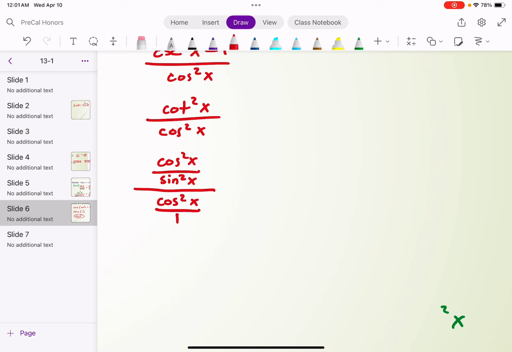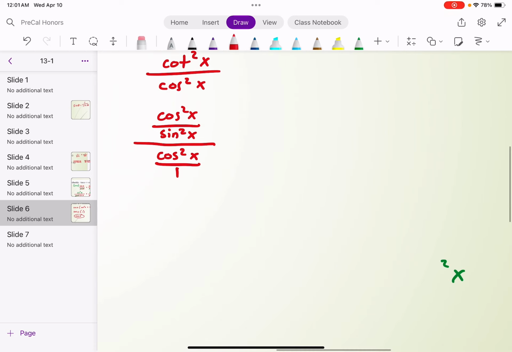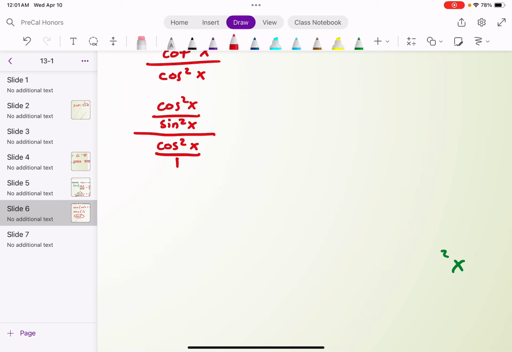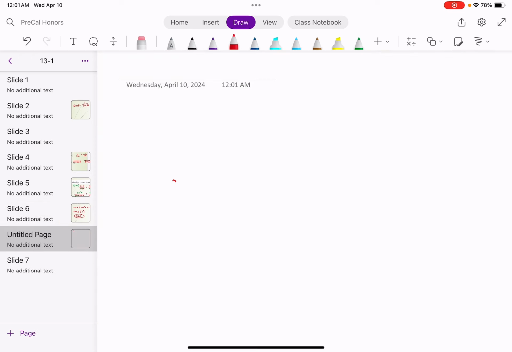This gives us the ability to see that we are working with two fractions, and we are going to keep change flip in order to make sure that everything is simplified.